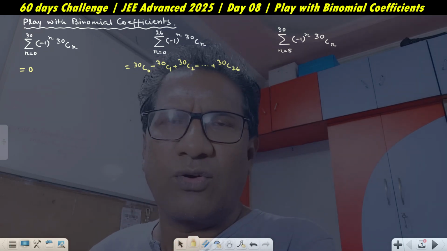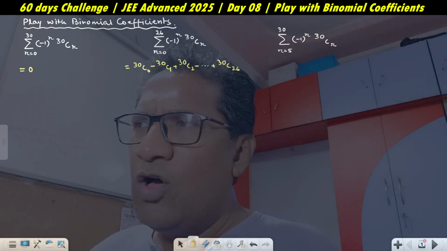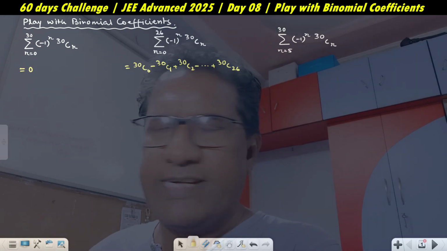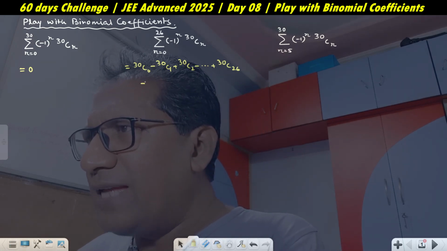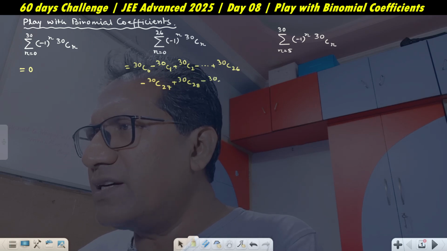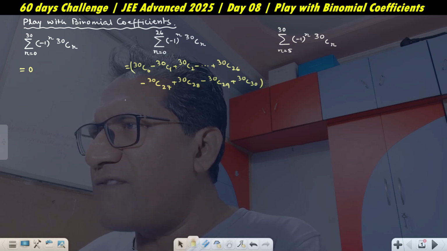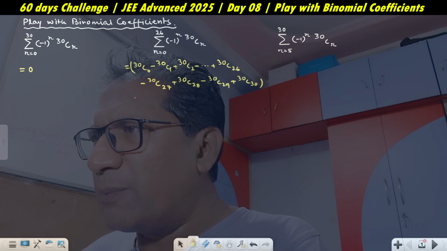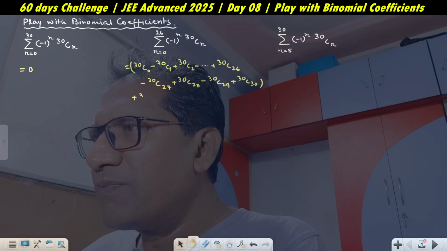Now I cannot write this equal to 0 because the series is not completed. So for that I'm subtracting 30C27 plus 30C28 minus 30C29, 30C30. So these terms I have added, so I have to subtract those terms.